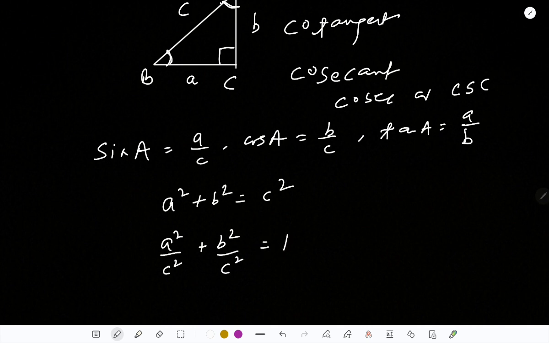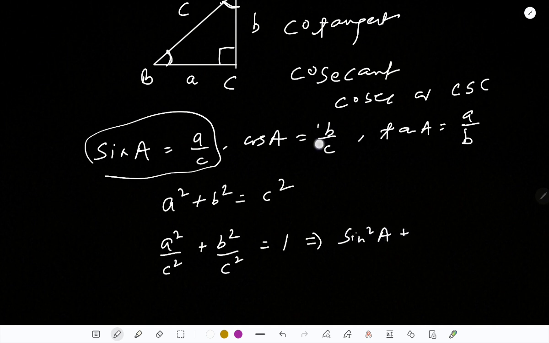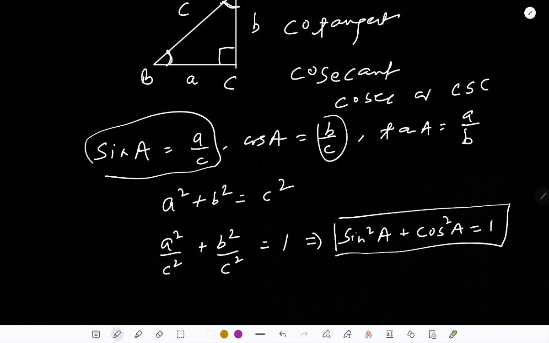And since a by c is sin A, that means a square upon c square can be written as sin square A. And b by c is equal to cos A, so b square by c square can be written as cos square A, and that will give you a result that is important.